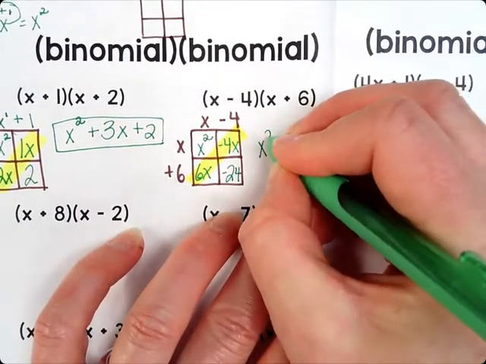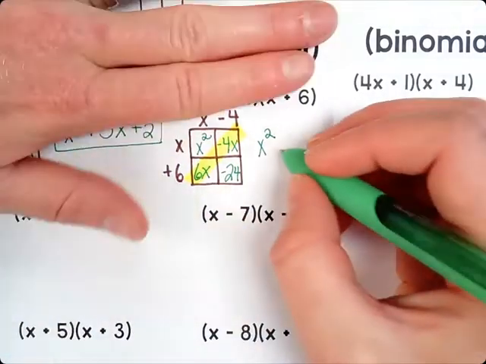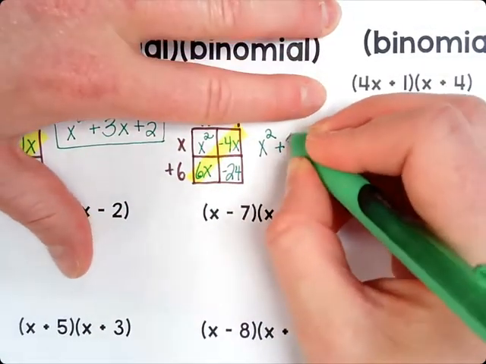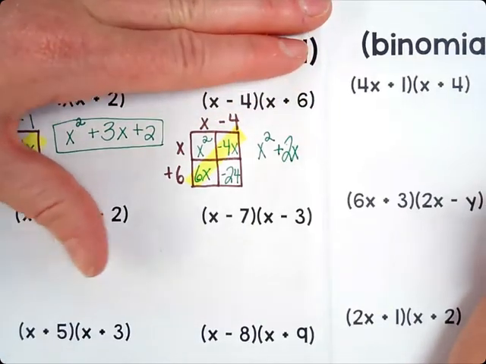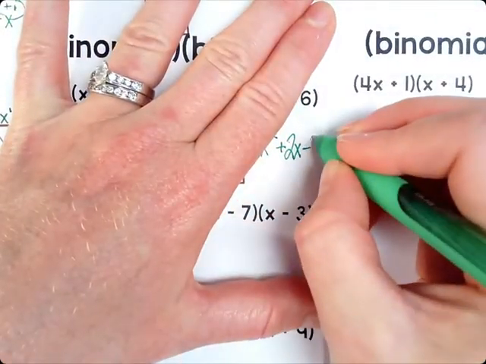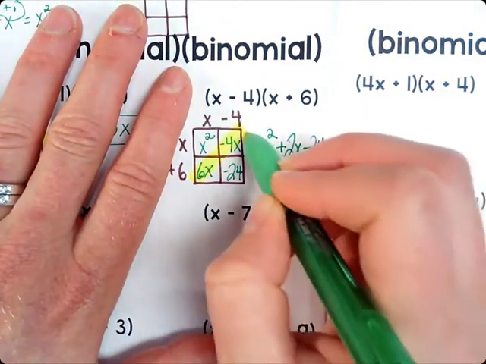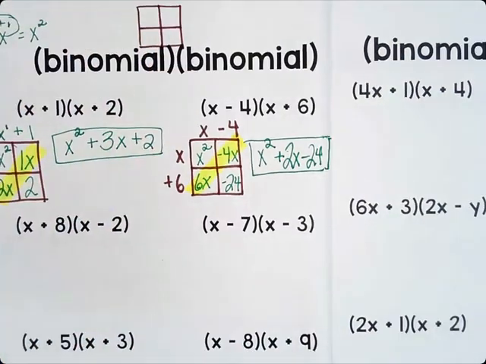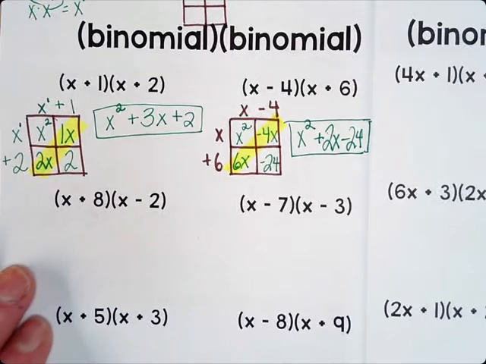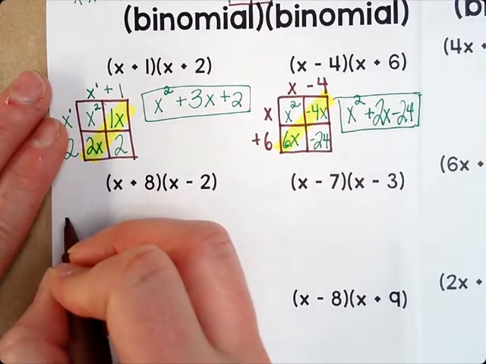So x squared, 6x minus 4x would be a positive 2x and then minus 24. Okay, let's do the next one.